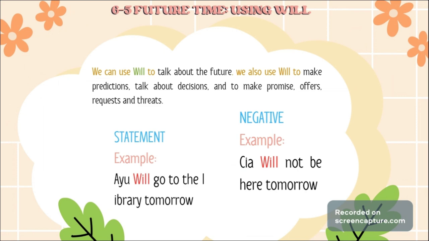For positive, we have, you will go to the library tomorrow. So, will indicates a future plan, so we add tomorrow. And for negative, just add not. Sia will not be here tomorrow. So it's the same, but for negative, you have to add not.